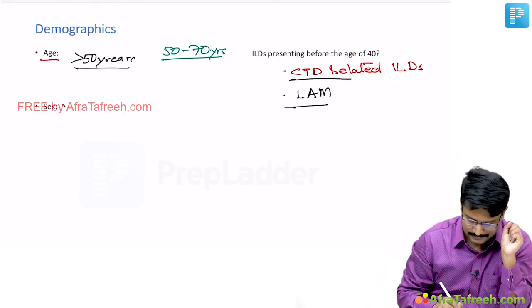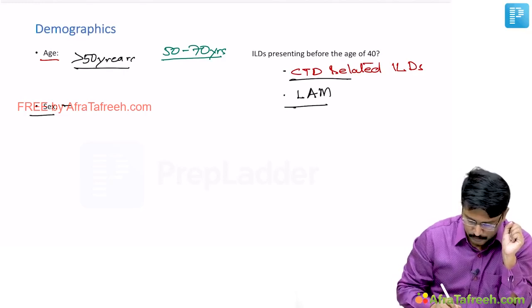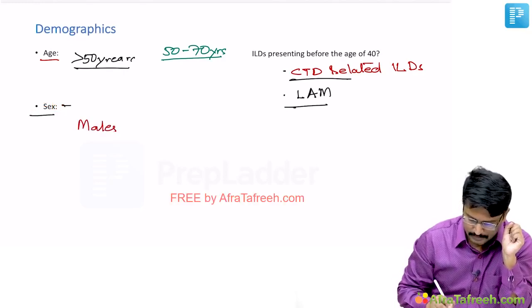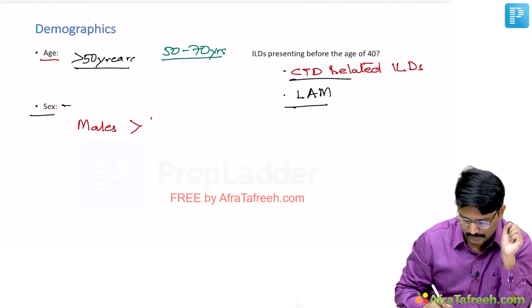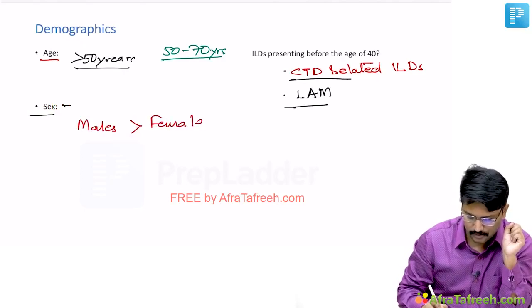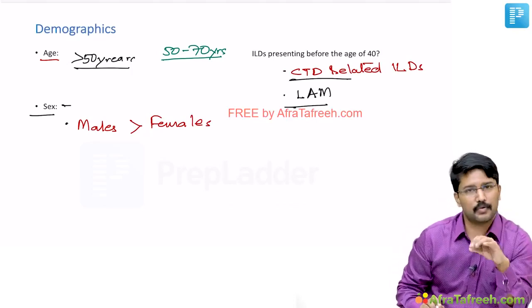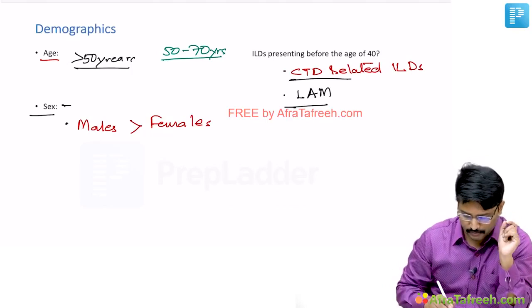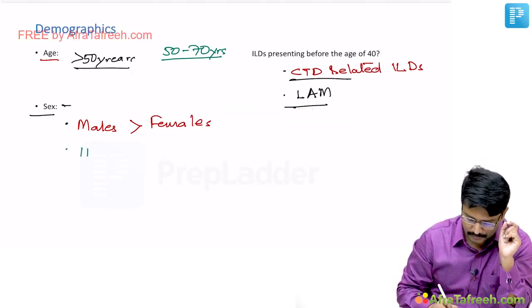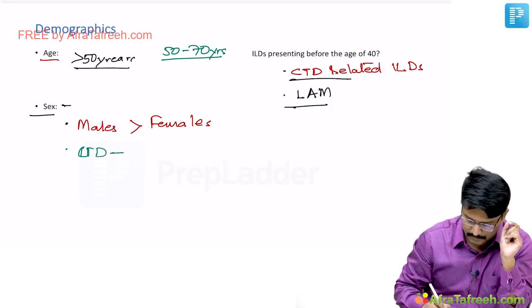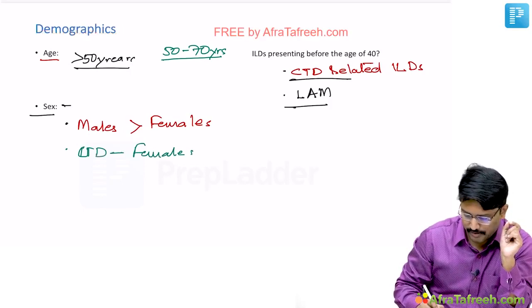These two conditions can present before the age of 40. Okay. Then sex. Usually males have a significantly higher prevalence of ILDs than females. This has also something to do with the increased prevalence of smoking among males. But those ILDs which are related to connective tissue disorders have a significantly higher prevalence among females, with one exception.